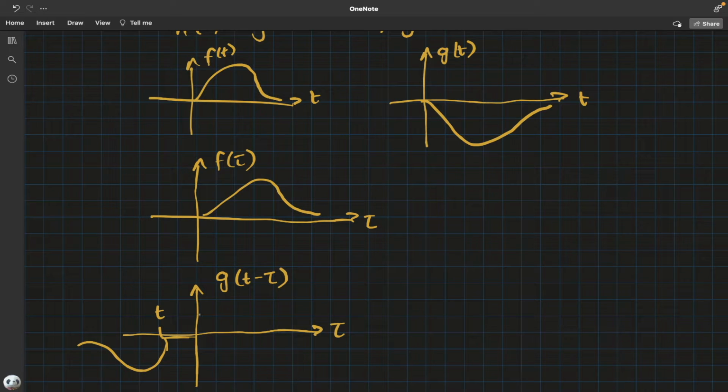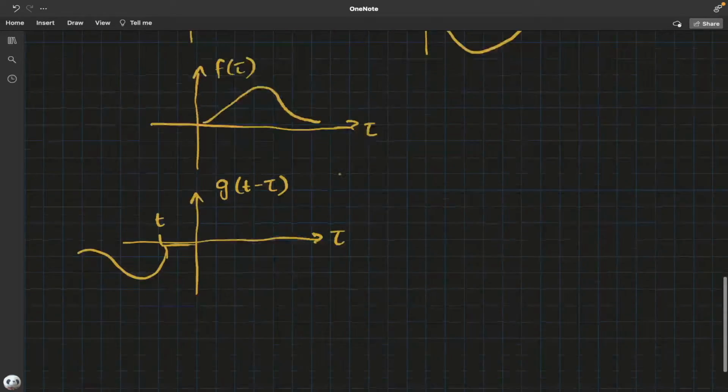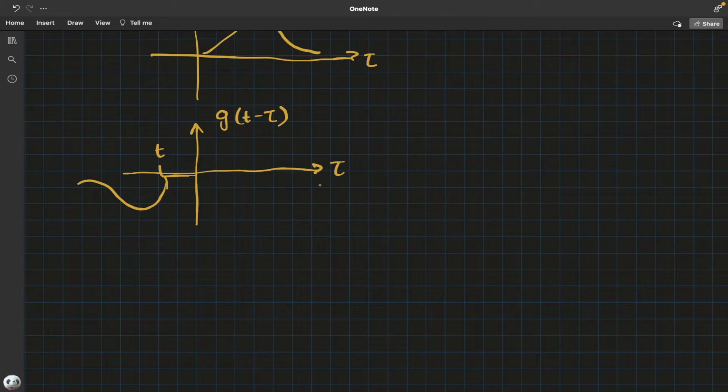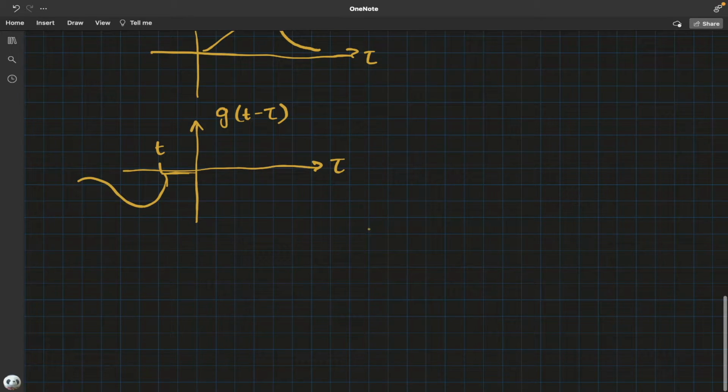Everywhere else, when these guys are not in sync, it will be 0, because there's a 0 here, so that multiplies to give you 0. This is negative here, there's a 0 there, so it multiplies to give you 0. It's only non-zero when this overlaps with that, when we've progressed forward in our integration. So that's the intuitive picture. It's time to do the nitty-gritty math.